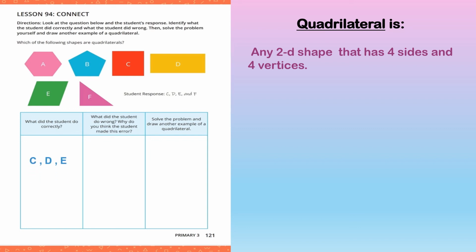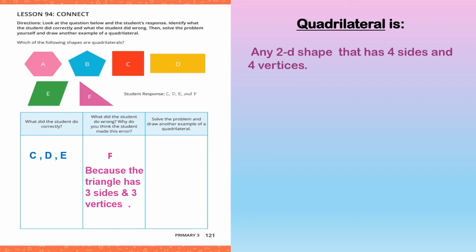C, D, and E are quadrilaterals. But the student did wrong. F is a triangle, and a triangle has 3 sides and 3 vertices.